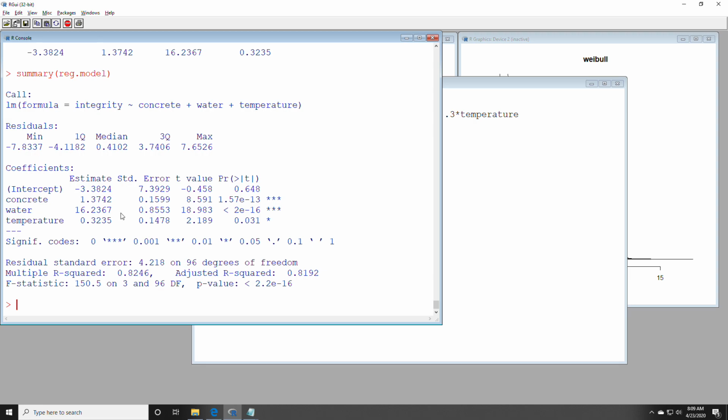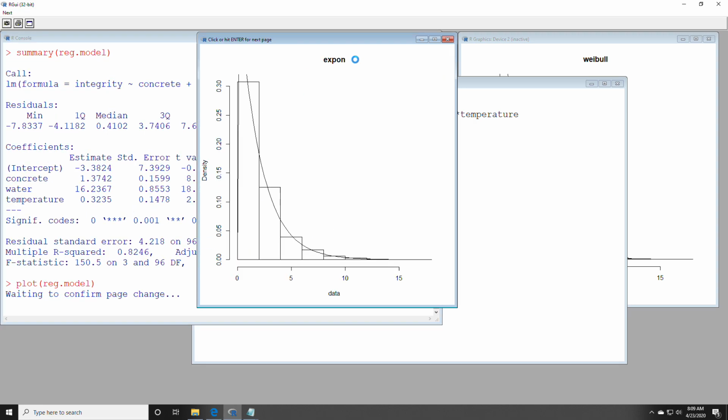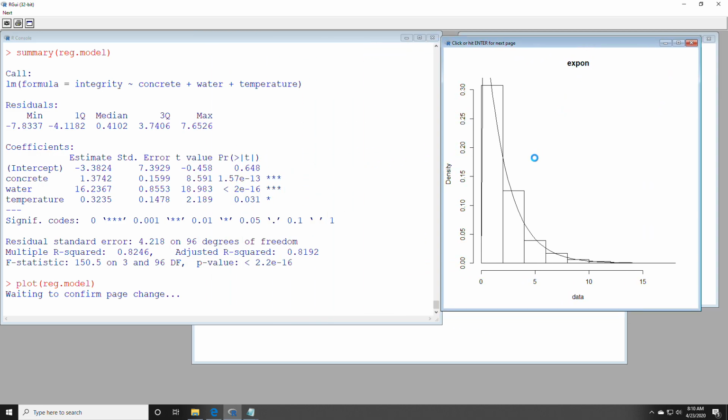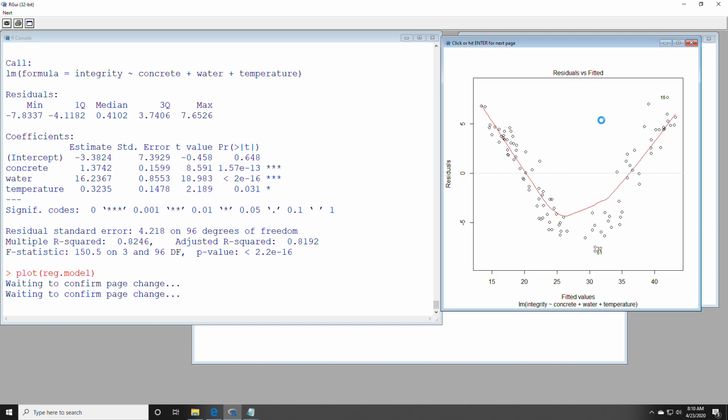Okay, but there's certainly one more thing that we have not done, and that is check the assumptions. So to do that, we do plot reg.model, and it looks like it's going to be on this because I have two. Remember, you have to click. Okay, so this is our residual plot. Remember, not all assumptions being violated are completely obvious.